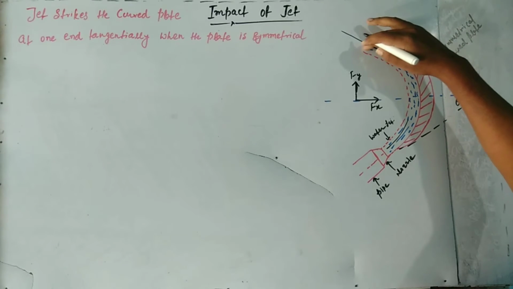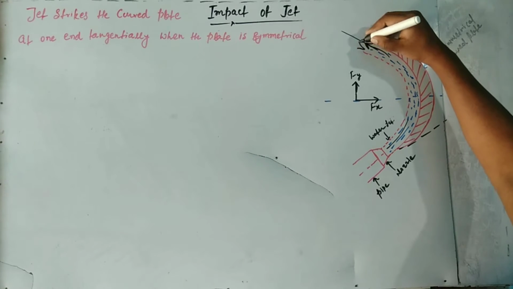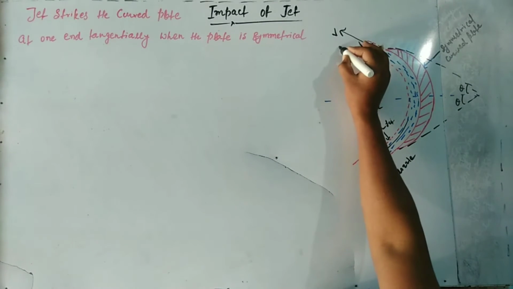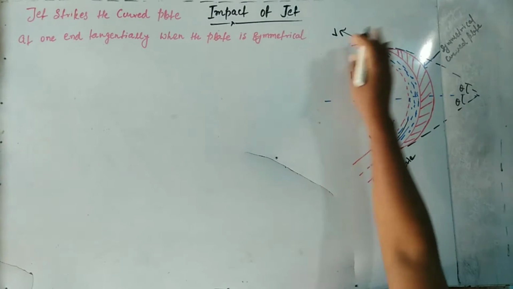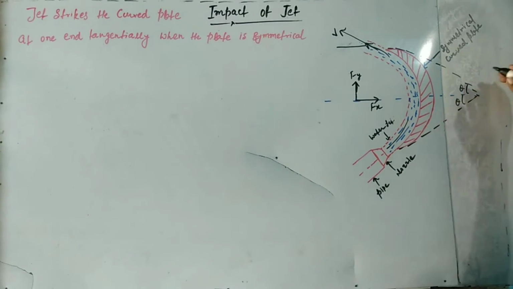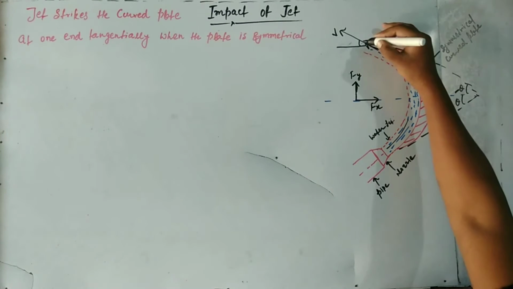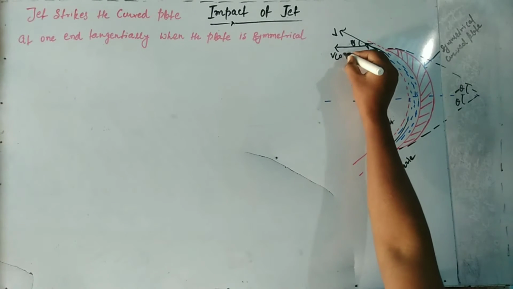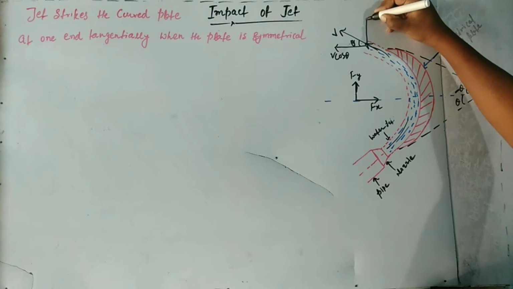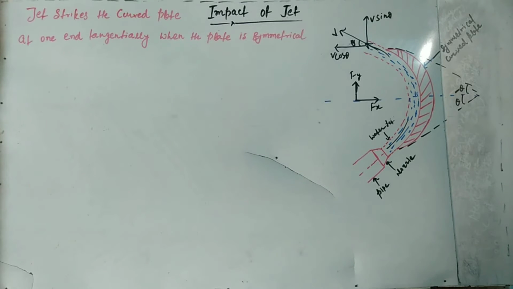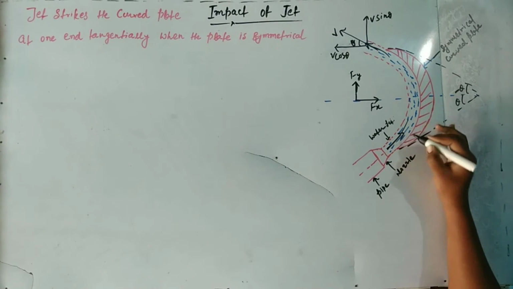This is the velocity of water jet after striking. So this velocity is v. So this velocity is inclined in the direction. For this, its velocity component in x direction will be, this one is theta, so its angle is theta, and in the direction of x its velocity component will be v cos theta, and in perpendicular direction its velocity component is equals to v sin theta.